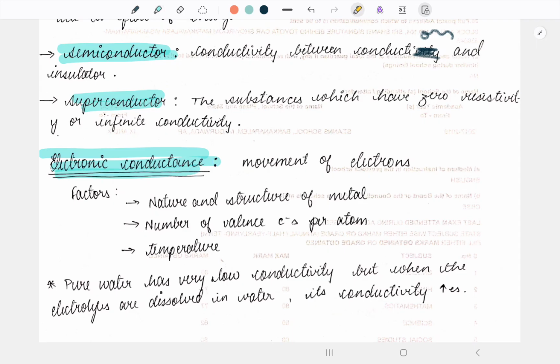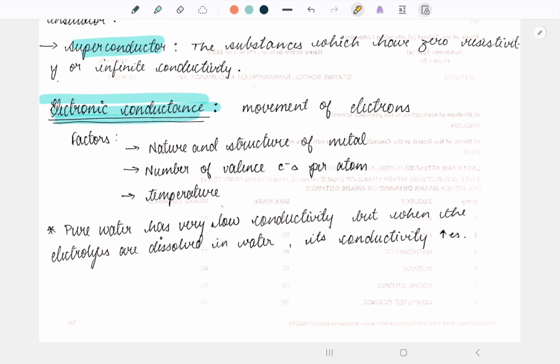Now we'll be studying what is the electronic conductance. Electronic conductance through a metal is due to the movement of electrons and is termed electronic or metallic conductance. It will depend upon the nature and structure of metal, the number of valence electrons per atom, and the temperature. If the temperature decreases, then the conductivity will increase, and the conductivity is reduced due to the increase in the temperature.